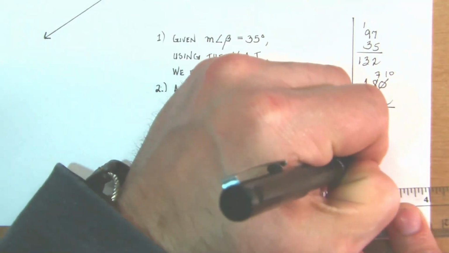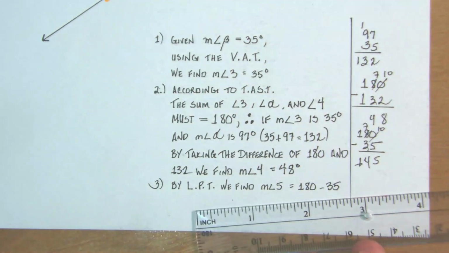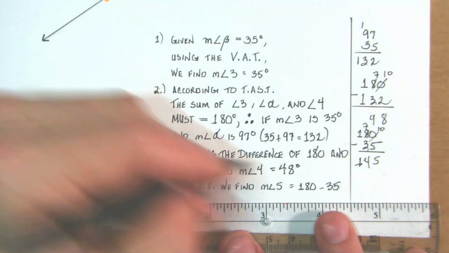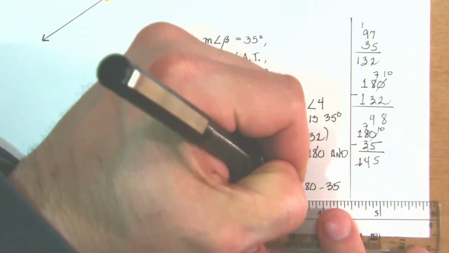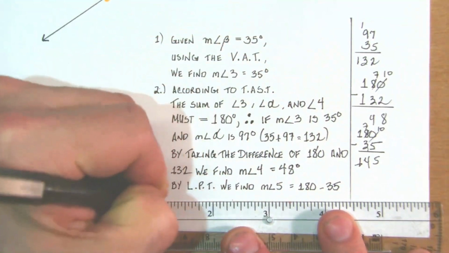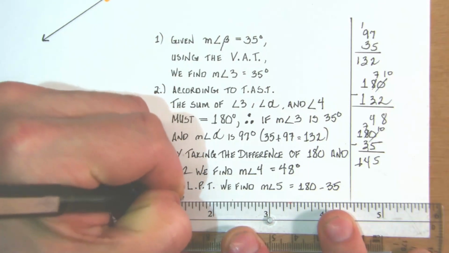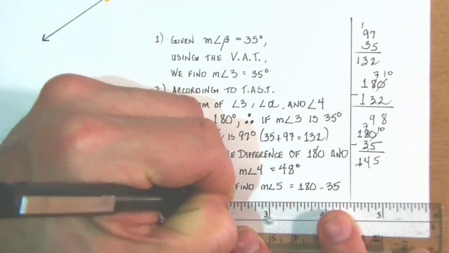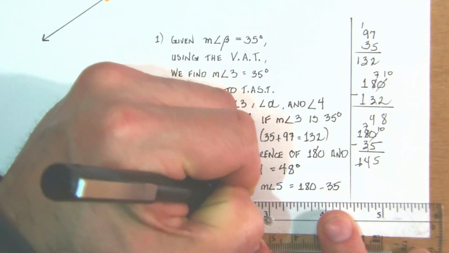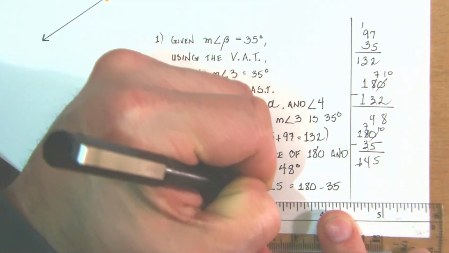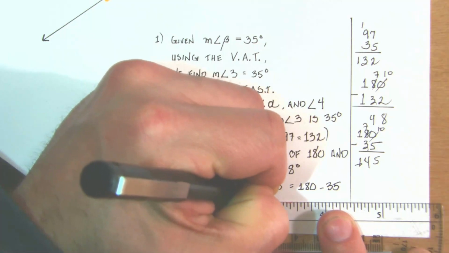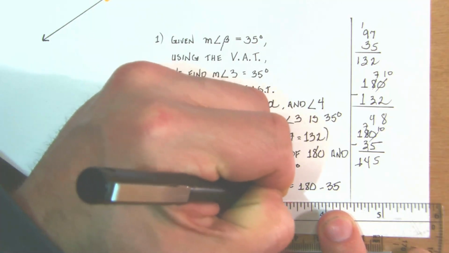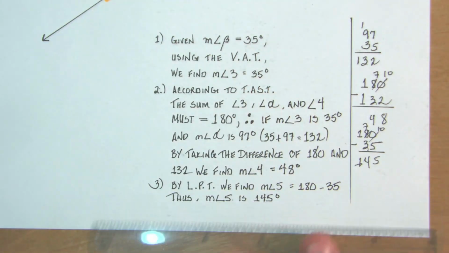Or 145. Okay, so we find the measure of angle 5 equals, so thus, the measure of angle 5 is 145 degrees. Okay?